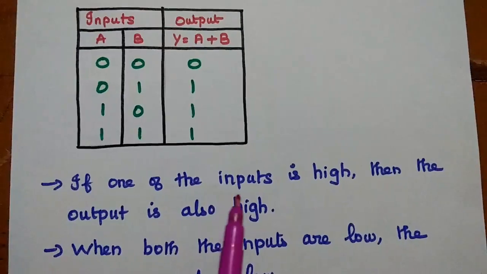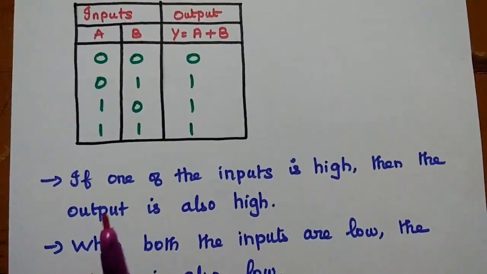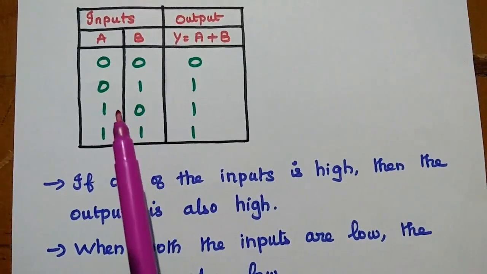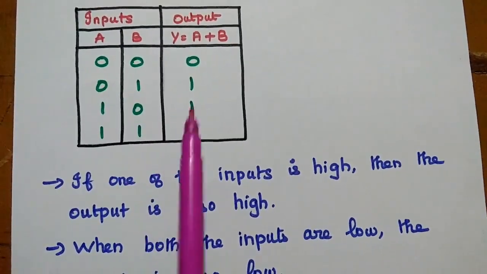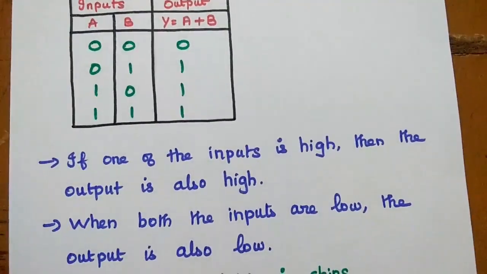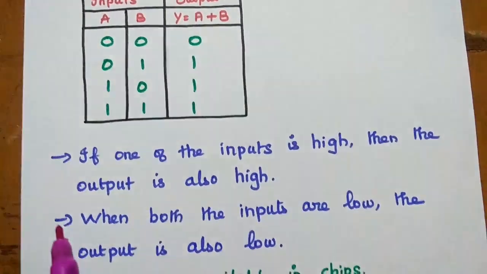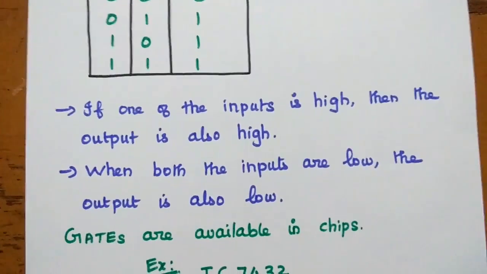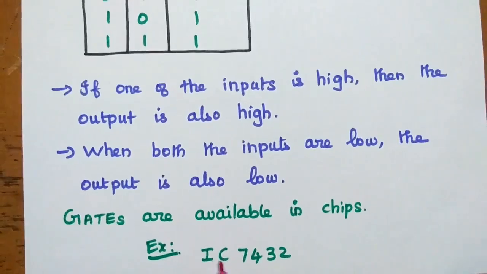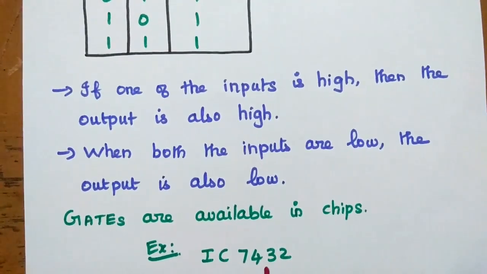If one of the inputs is high, then the output is also high. When both the inputs are low, the output is also low. The OR gates are also available in chips, IC number 7432.